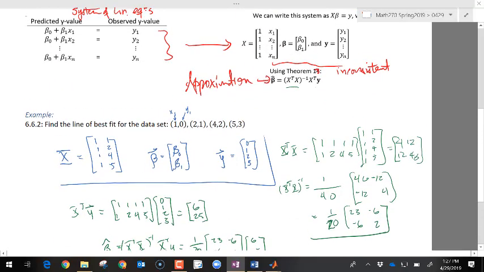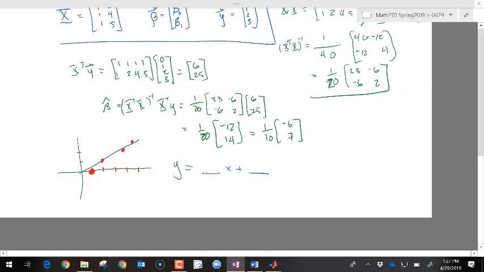Remember how we wrote the equation of the line: the beta 1 is your slope, and the beta naught is your y-intercept. So which one's my slope again? 7/10, and then my 6/10, right?